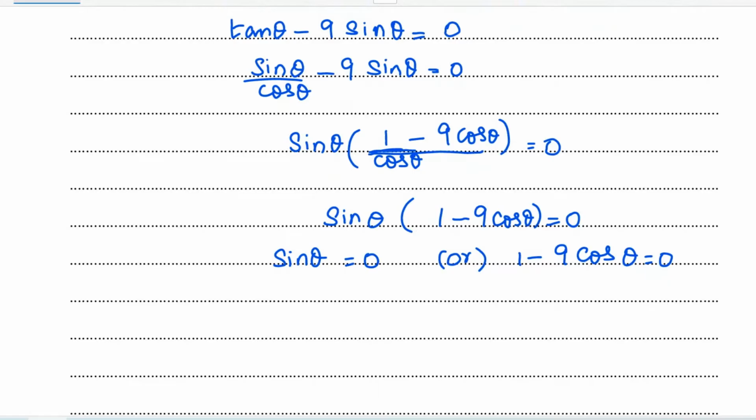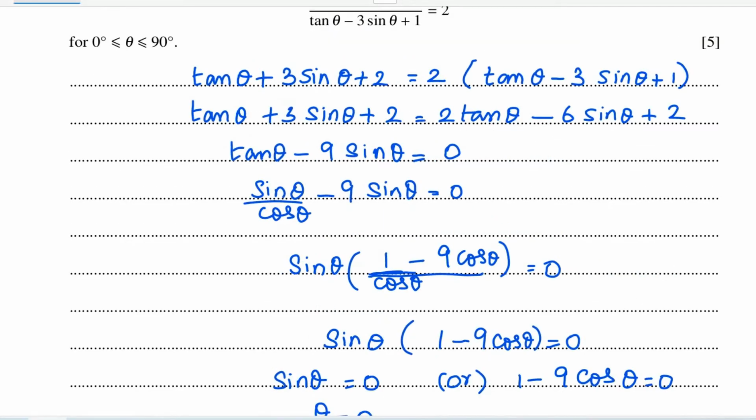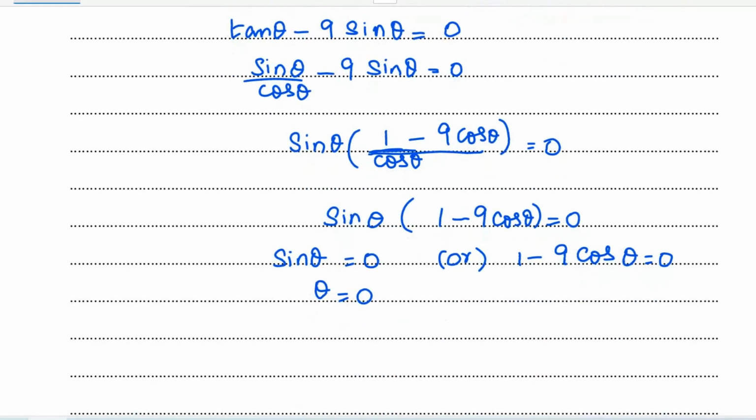So sin theta is 0 when theta is 0. So theta is between 0 and 90. So theta will be 0. When sin theta is 0, theta will be 0. So 1 minus 9 cos theta equal to 0, so cos theta equal to 1 over 9.